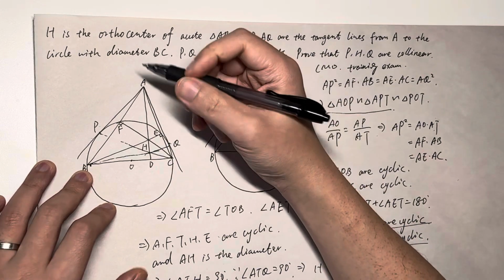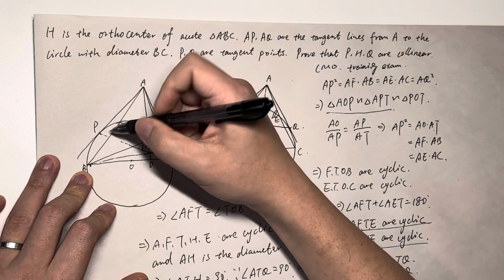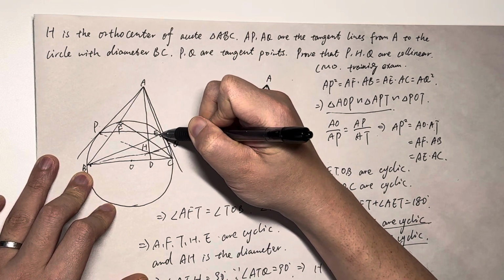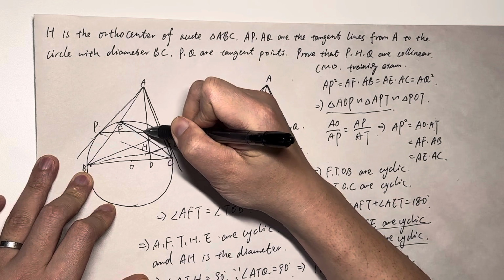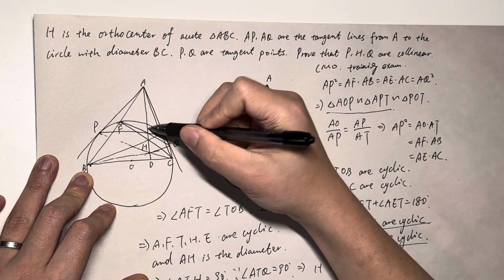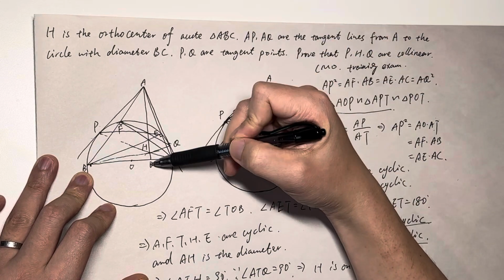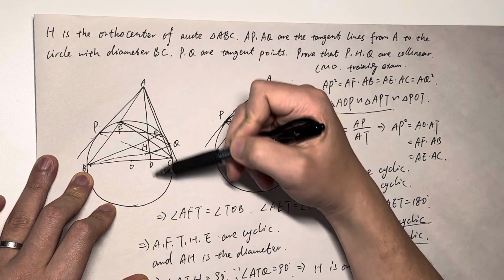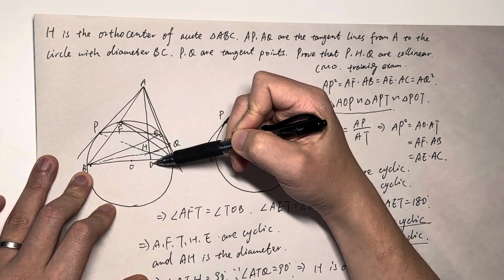And similarly, you can also prove that PE, FQ, and AD are concurrent, right? The intersection points are always on the line AD.